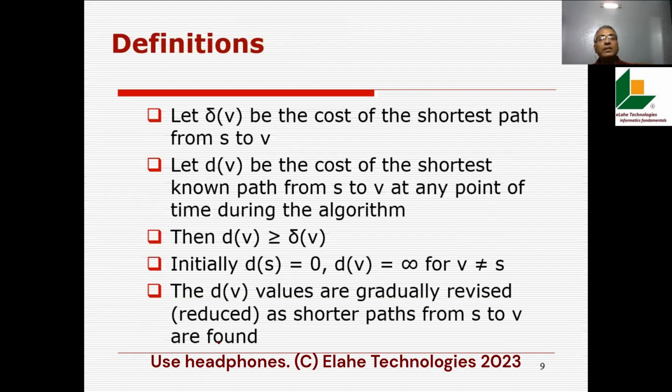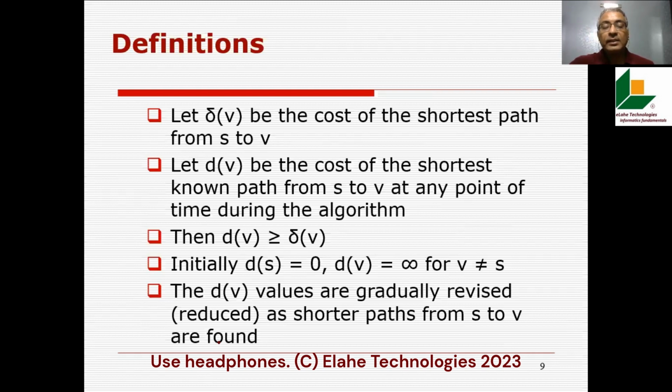We'll keep refining that as the algorithm progresses. And our goal is that finally, when the algorithm ends, dV should be equal to delta V. That means we have determined the correct values of delta V for all vertices V in the graph, starting from S to all other nodes.